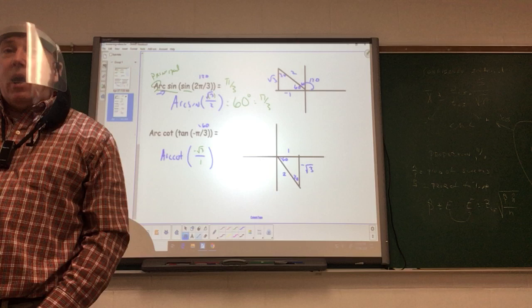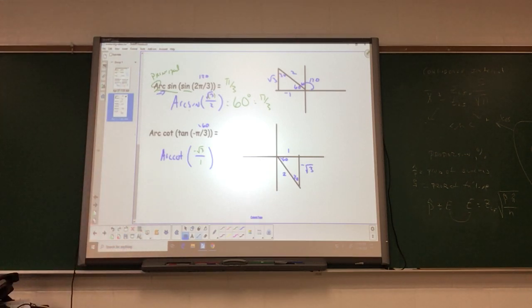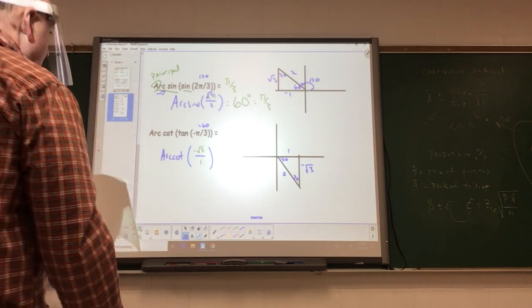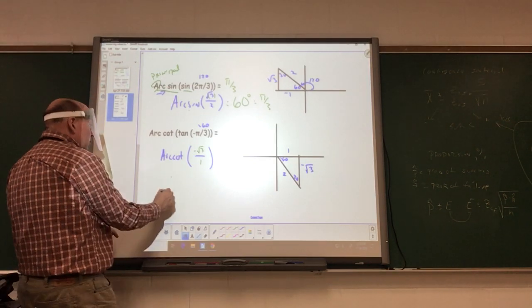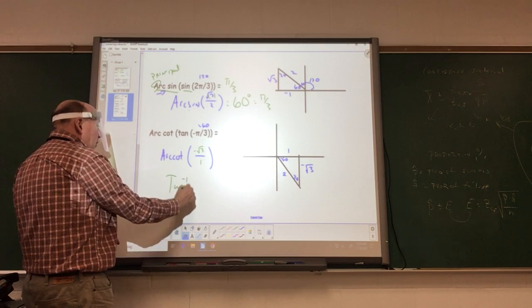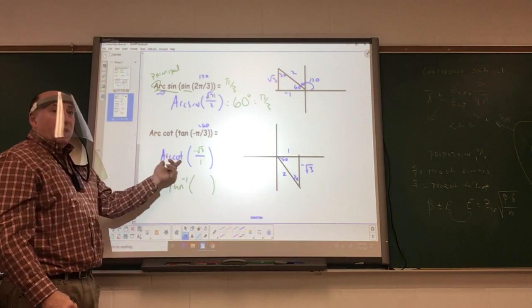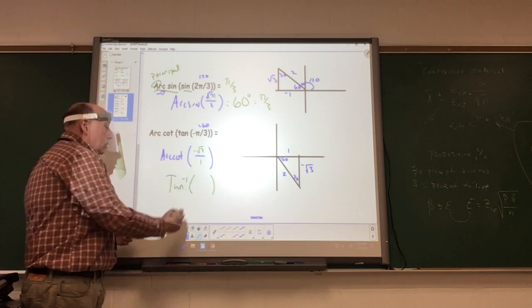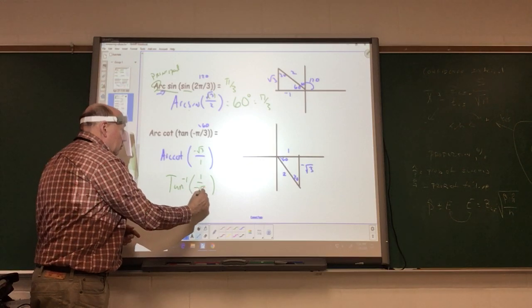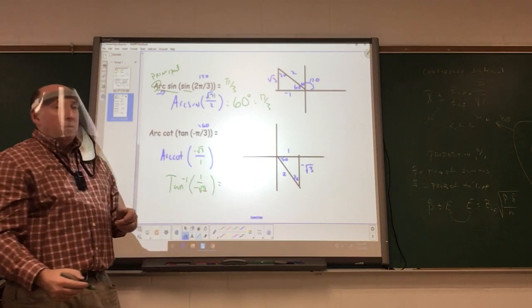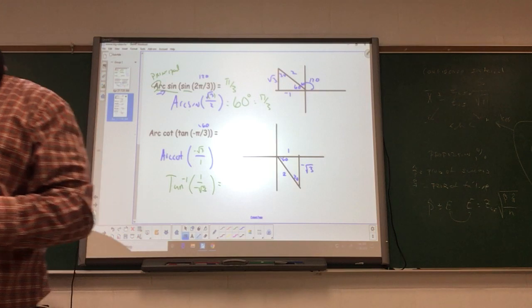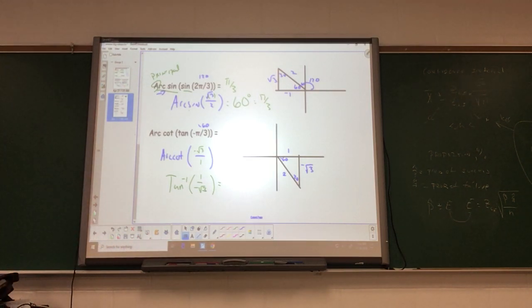Well, I don't have an arc cotangent button. So this is where I have to reciprocate and deal with my arc tangent. If I reciprocate my trig function, I have to reciprocate this. So I do my inverse tangent of 1 divided by negative square root of 3.